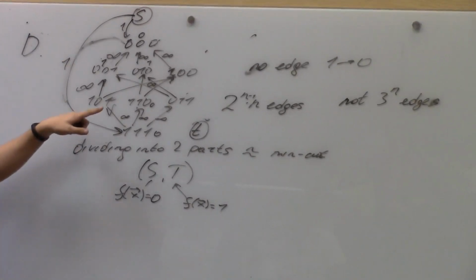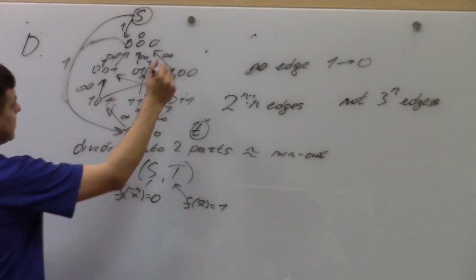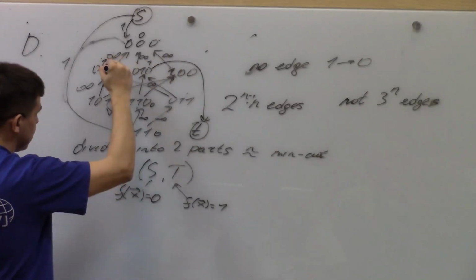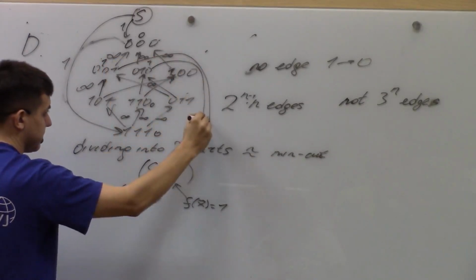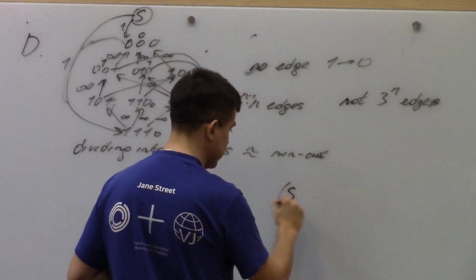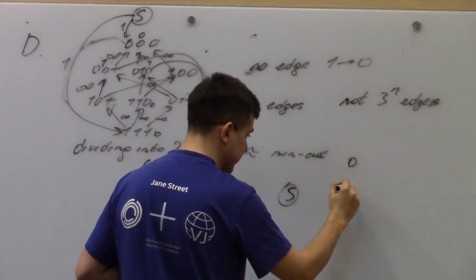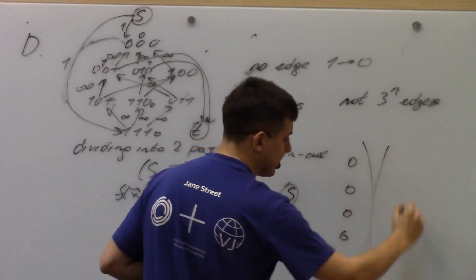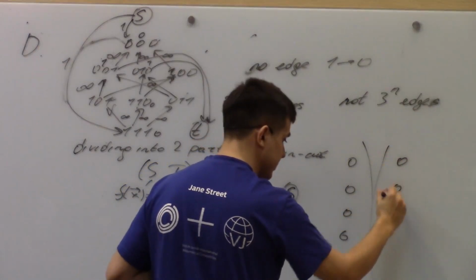And if some binary vector has defined value 1, we'll draw an edge to the sink. So after we find the min cut, there is S, there are some binary vectors that are chosen to have value 0, and there are some binary vectors that are chosen to have value 1.